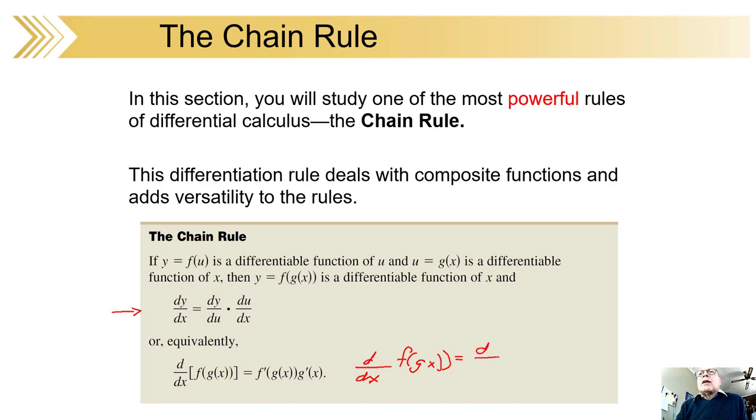Or you might write it like this: d/dx of f of g, and g is the inside function. And the derivative of that combination or composite function is the derivative of the outside function times the derivative of the inside function.